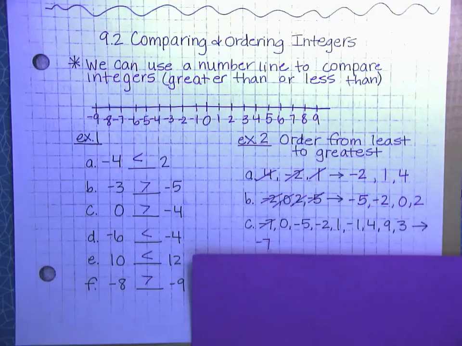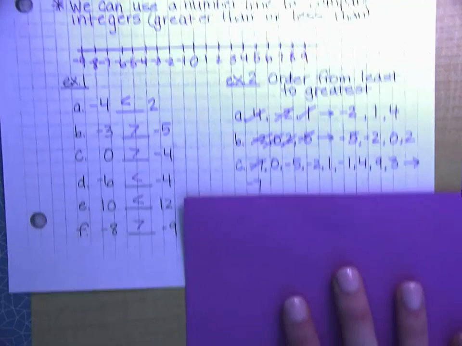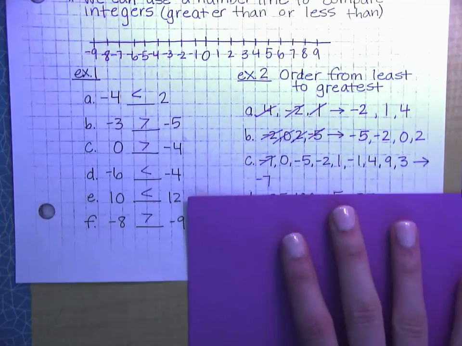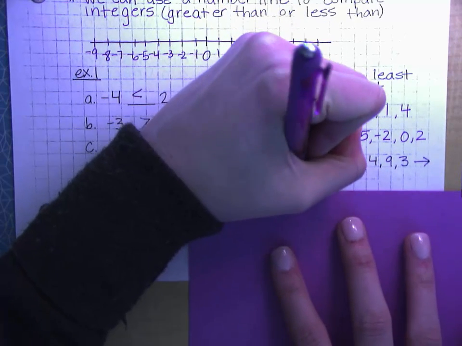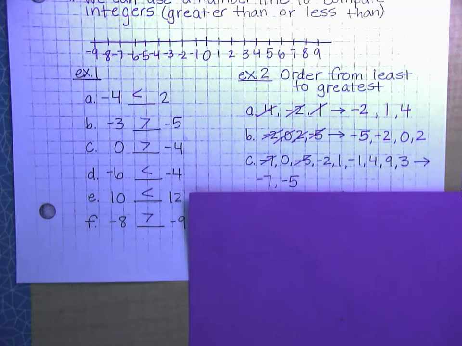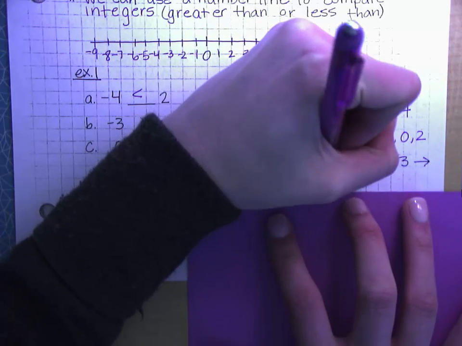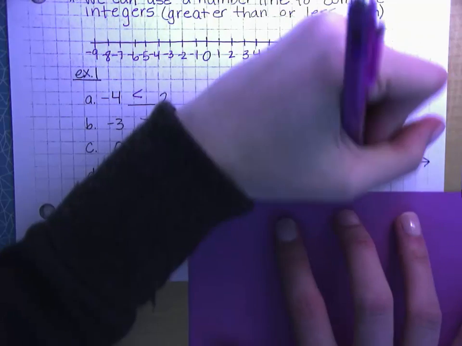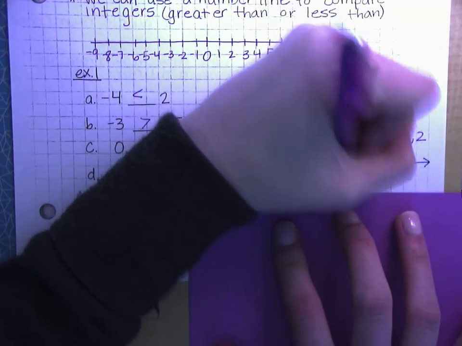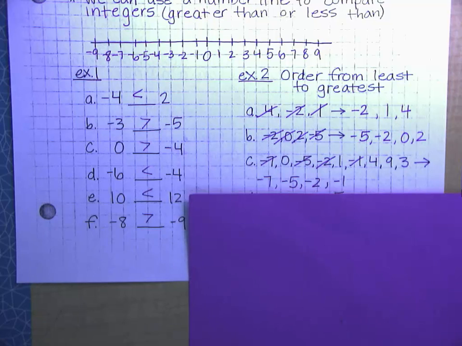All right? What's going to come next? Negative 5. Okay. What's next, Damon? Negative 2. What's after that, Caleb? Negative 1. Okay. What comes next?